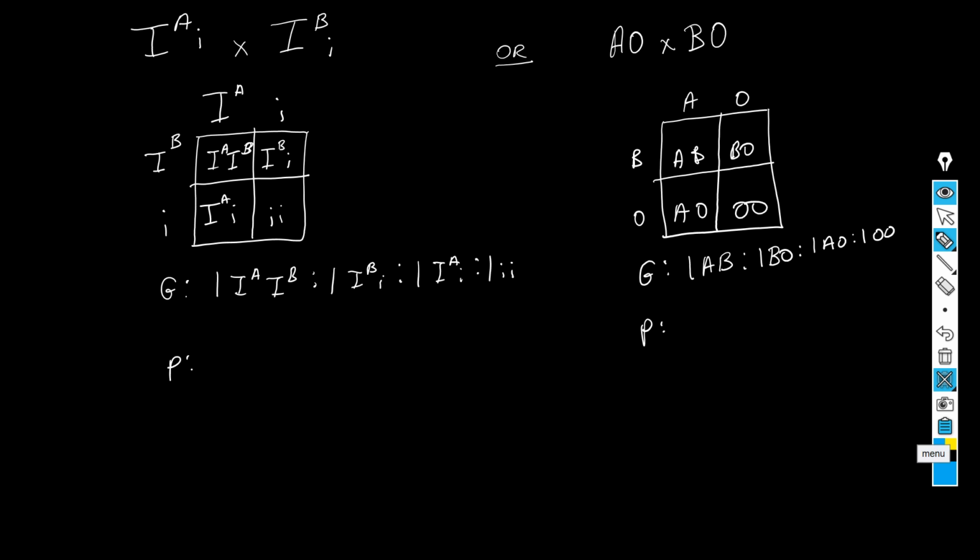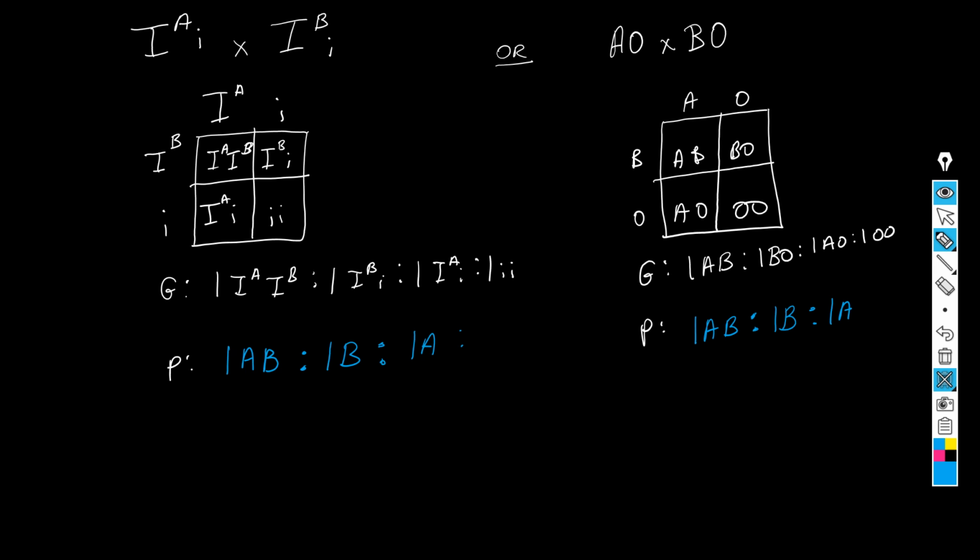Now, phenotypically, it doesn't matter which method you use, you're going to have the same phenotype. So capital I^A capital I^B translates into 1 AB. So does this genotype here. Capital I^B lowercase i translates into 1 type B. BO also translates into 1 B. Capital I^A lowercase i translates into 1 A, and so does AO.